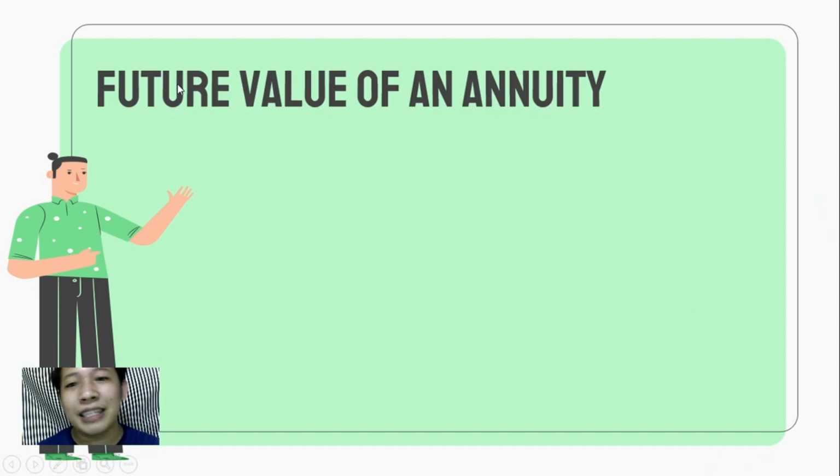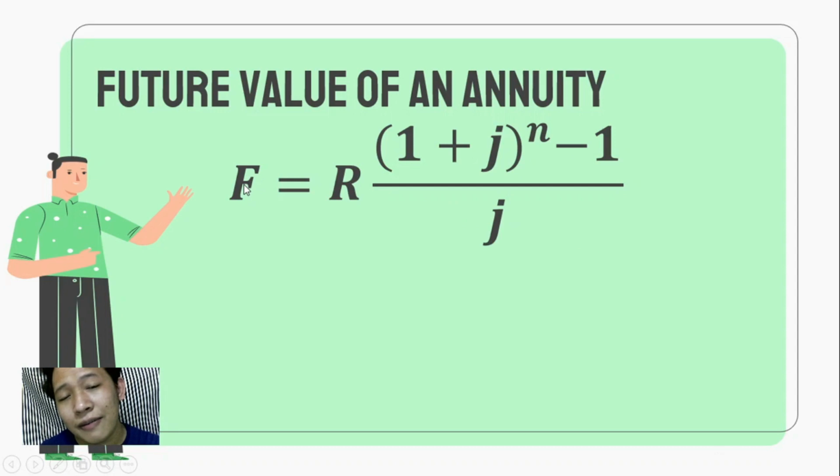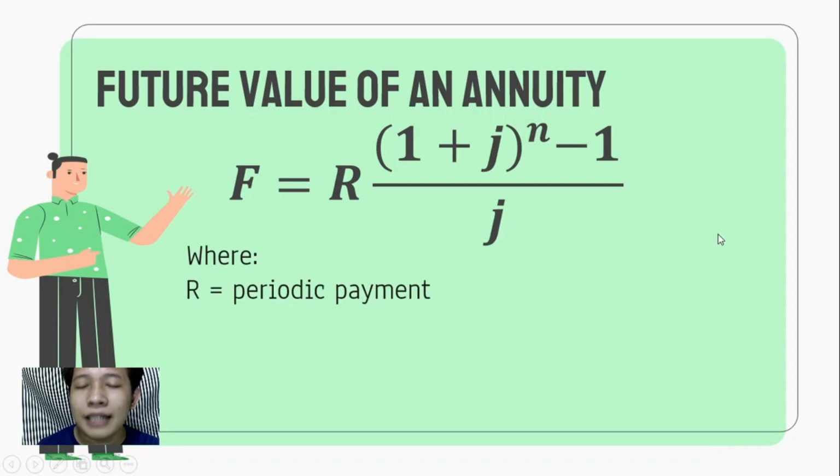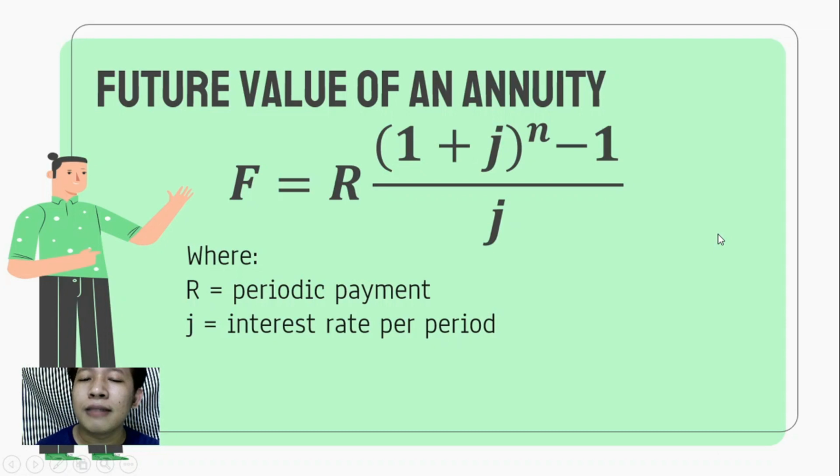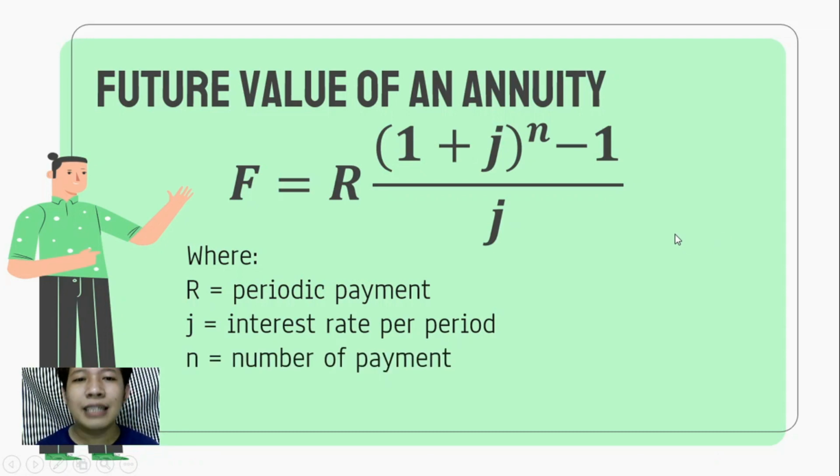Okay po? So in getting the future value of a general annuity, we're still given the formula F equals R times (1 plus J) raised to N minus 1 over J, where R is the periodic payment, J is the interest rate per period, and N is the number of payments. So we have discussed this. This is just a review of what we have discussed from the previous video.